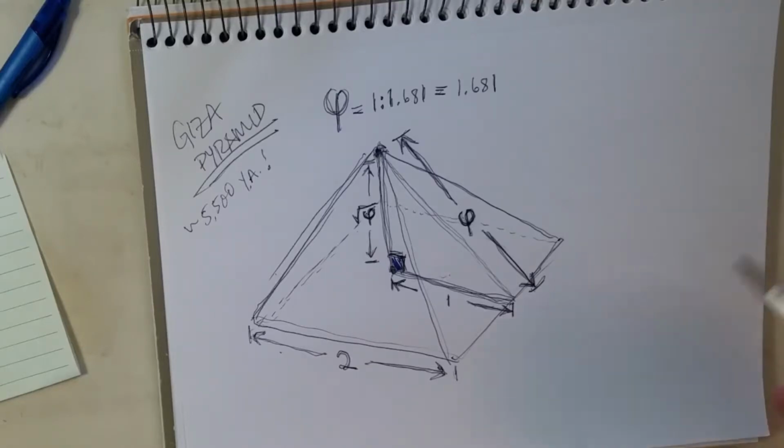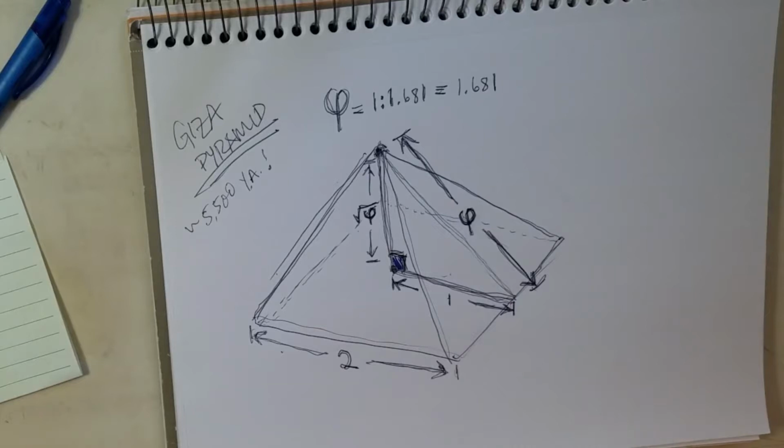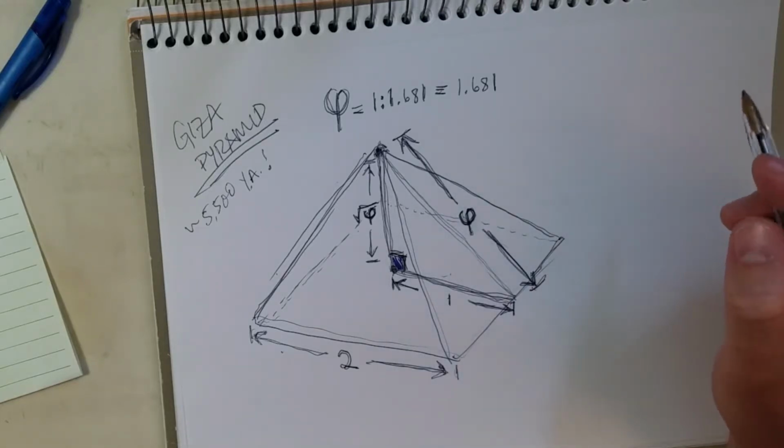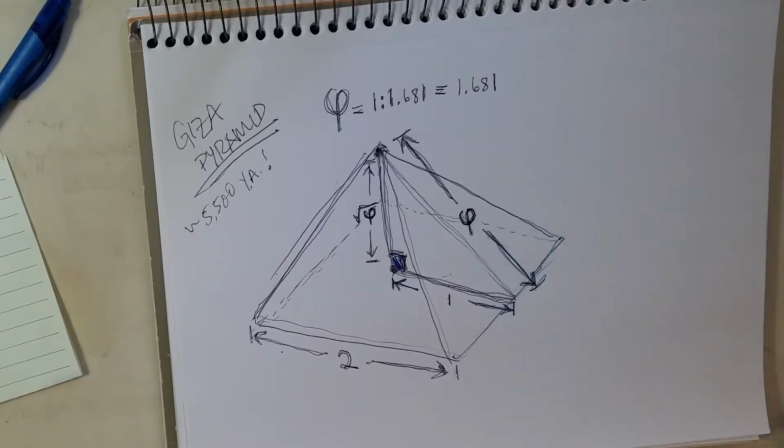It's really cool. You see it everywhere in nature. Shapes of, oh wow, they even think that Osaka's Great Wave used the golden ratio.